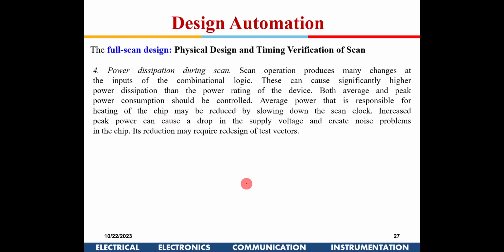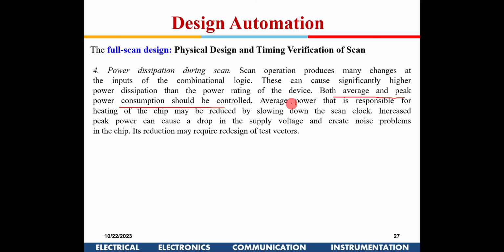And obviously the next thing is power dissipation. Normally when we are doing the normal operation there could be some power, but when we are doing the scan operation, there could be a possibility of more average power, because when we are doing testing we are giving some other kind of test vectors.